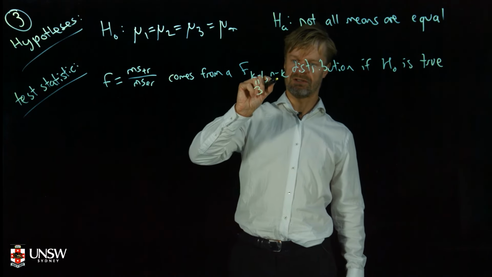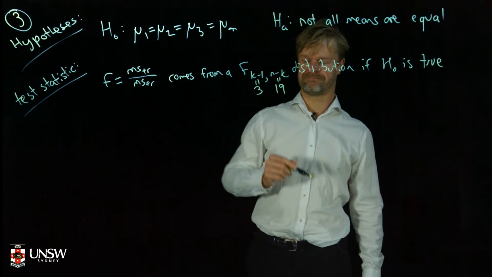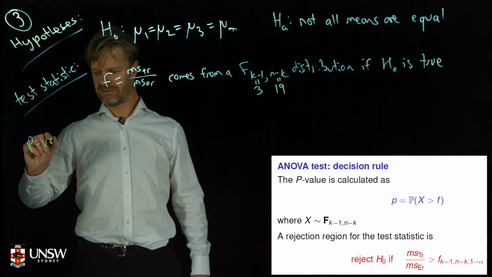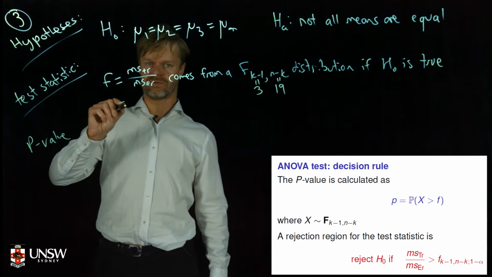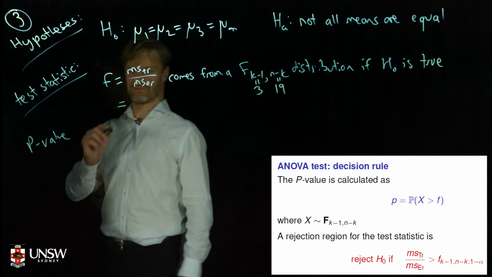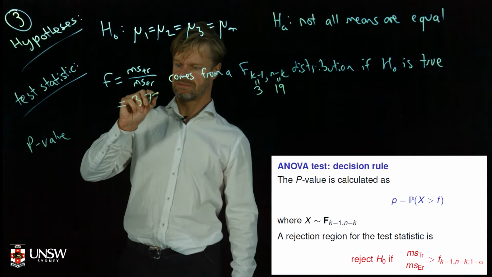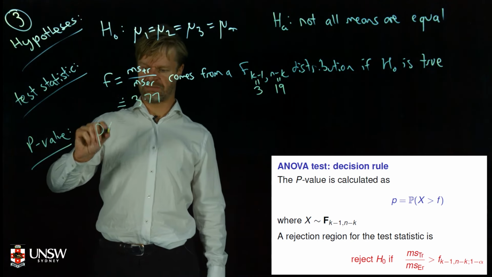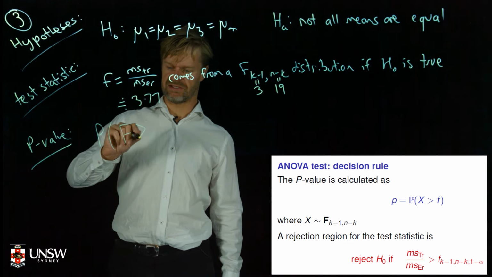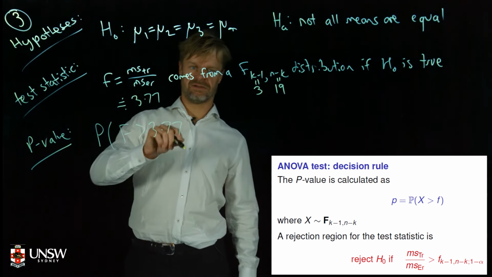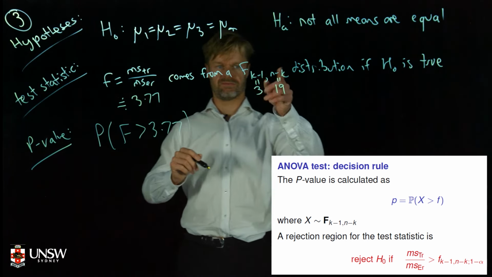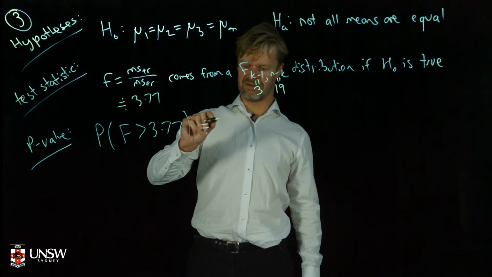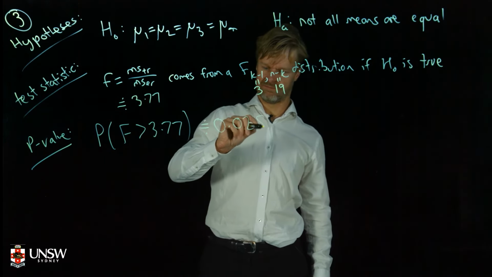K minus 1 is 3, n minus k is 19. P-value. And what did this end up equaling? About 3.77. We calculate a p-value by saying what's the chance of getting bigger than 3.77, where f comes from a distribution with 3, 19 degrees of freedom, and that ended up being about 0.028.